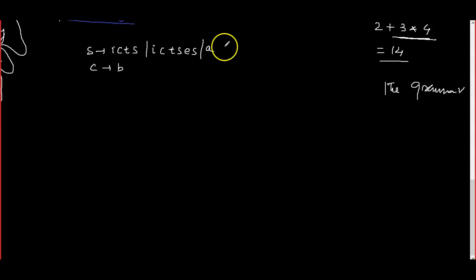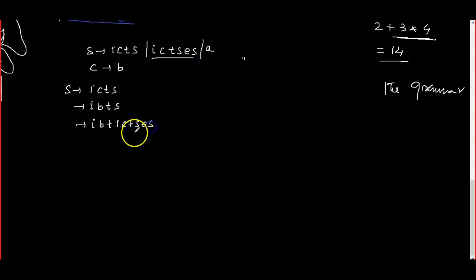Here a string is not given. If a string can be derived, you can check it for different cases. S derives, first I will choose iCtS. Again in the place of C I can write b, so ibtS. Now in the place of S I can substitute iCtSeS.